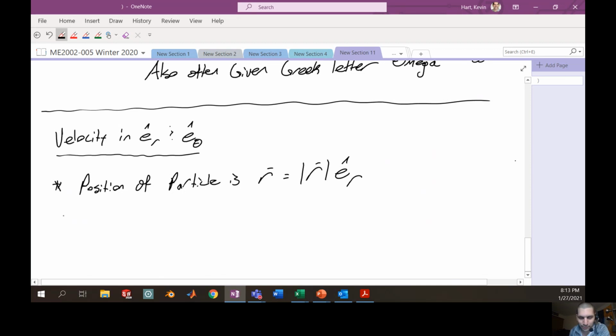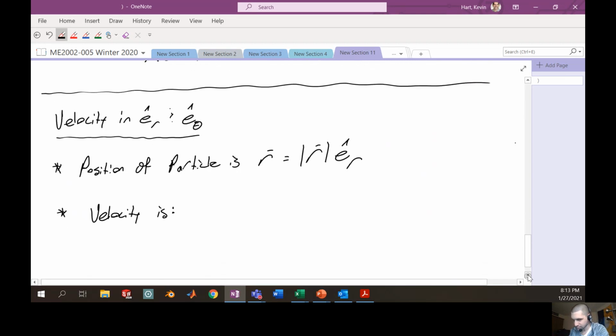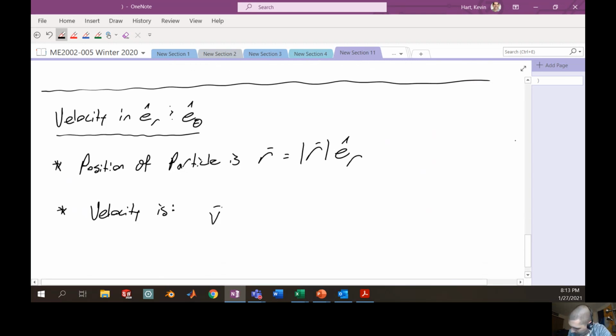Now we're ready for velocity. Our velocity vector is the time derivative of the position. If we rewrite the position vector in terms of our coordinate system, it's the time derivative of the magnitude of r times e hat r with respect to time.